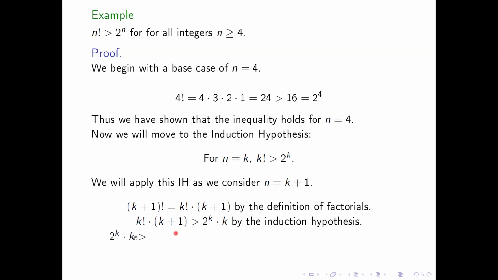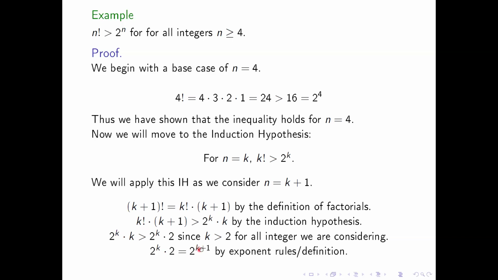Well, now let's look at 2 to the k times k. Remember, k has to be some number bigger than or equal to 4. So this is bigger than 2 to the k times 2, since k has to be bigger than 2. But this thing right here, 2 to the k times 2, is equal to 2 to the k plus 1. That's by our rules of exponents.